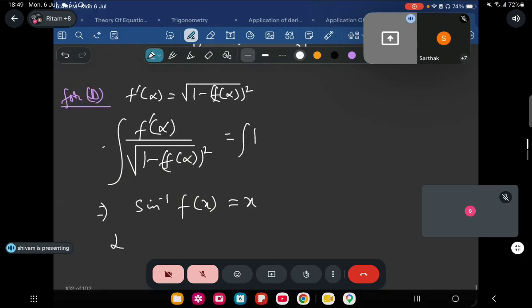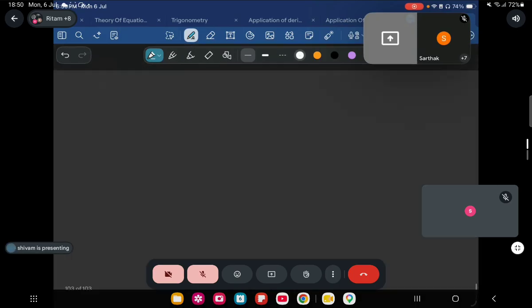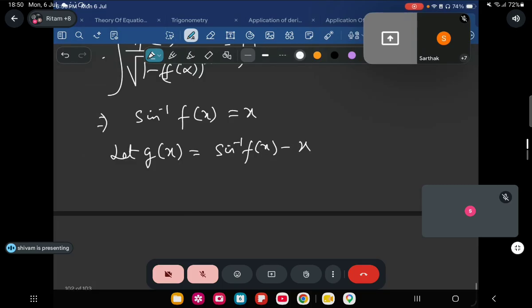Okay. So over here, what do we take for g of x? That g of x is equal to sine inverse f of x minus x, isn't it? Tell me. After that, we have to check what will happen. g of 0 is 0. g of pi by 2 is sine inverse f of pi by 2. f of pi by 2 is 1. So it will be pi by 2 only.